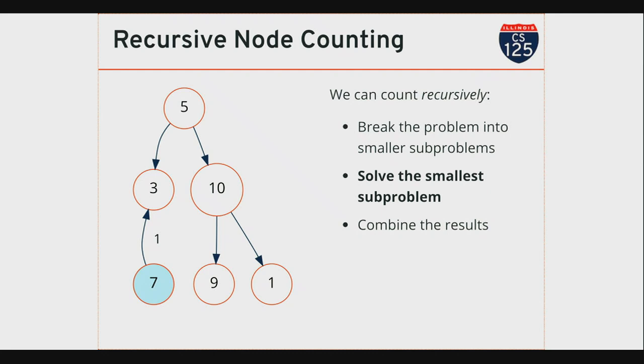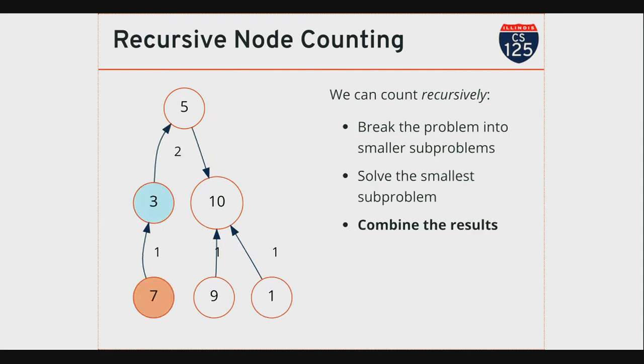So remember, 3 said, hey, if I could count my left subtree, I would be done, because I would know how many nodes are in that tree. And 10 said, hey, if I could count my left subtree and my right subtree, I would also be done, because I would add myself. So now what I'm starting to do is integrate the results back together, bring the problem back together.